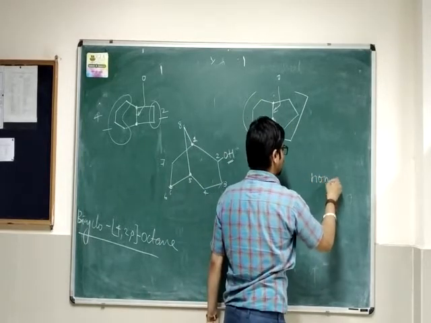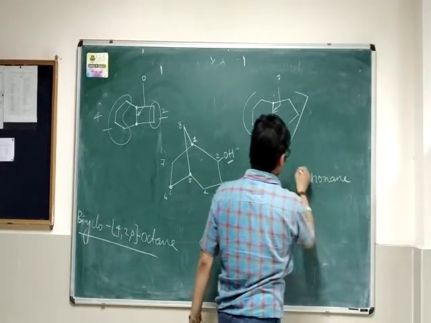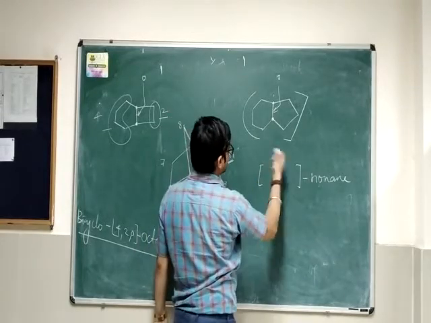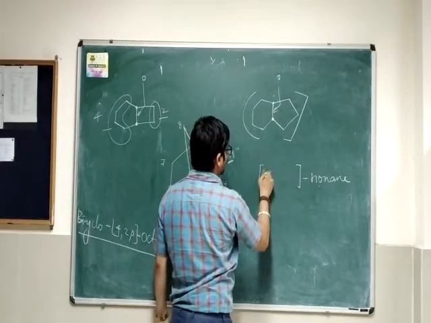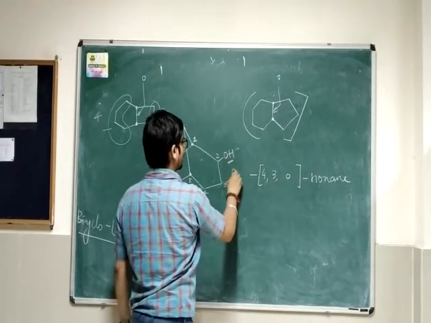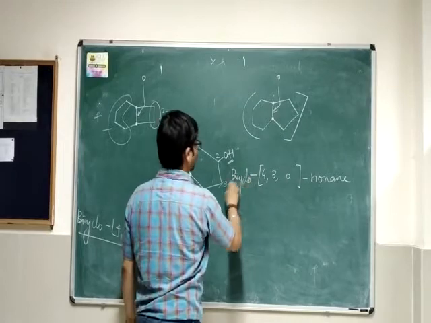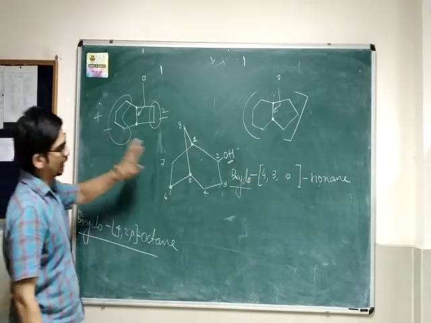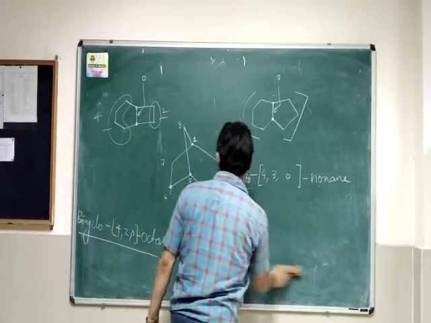So with 9 it becomes nonane, and in square bracket we will write the bridges in the decreasing order. So 4, 3, 0, and in the initial we will put bicyclo. So this is about the naming of fused system.